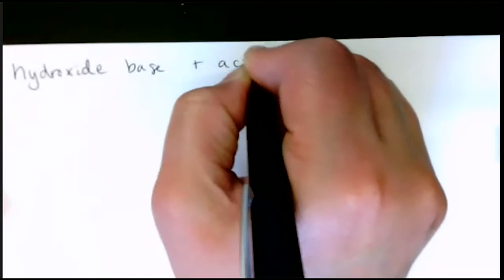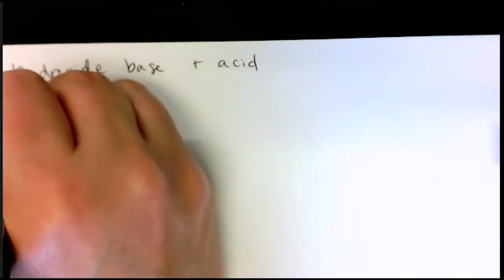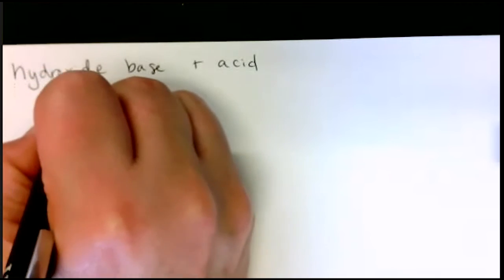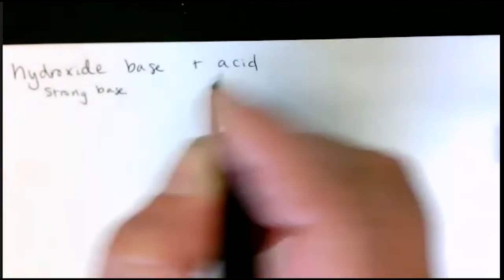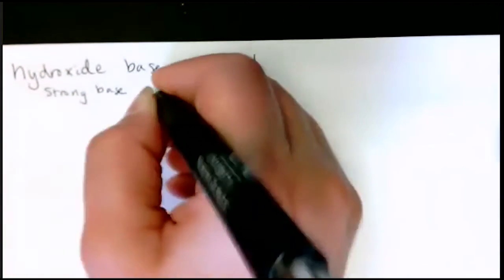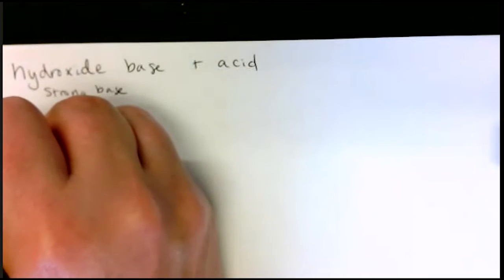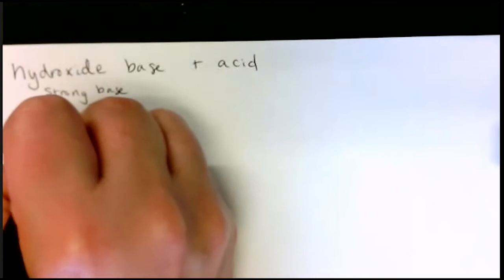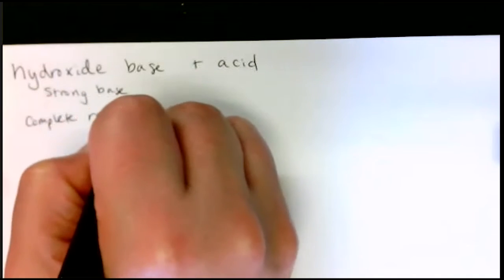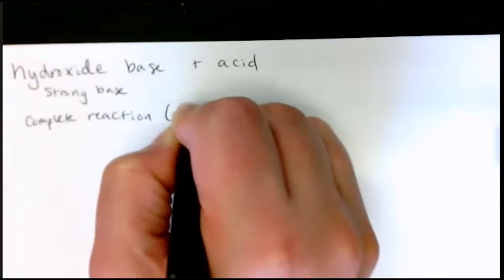So if you have a hydroxide base plus acid, the hydroxide base is considered a strong base. So when it reacts, it'll react completely. So this is a complete reaction, meaning we're going to have a one-way arrow.